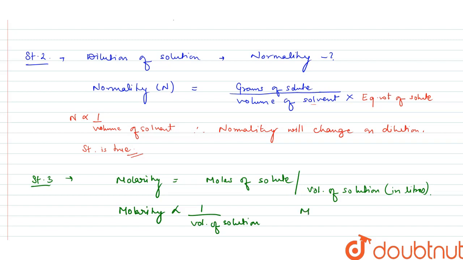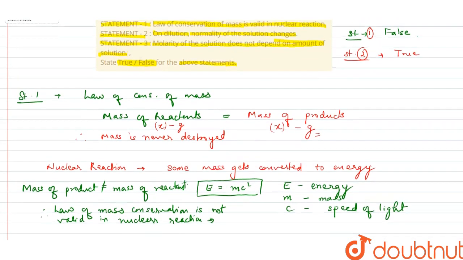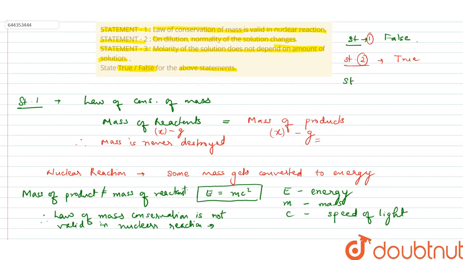So statement 3 is false. Statement 1 is false, statement 2 is true, and statement 3 is false.